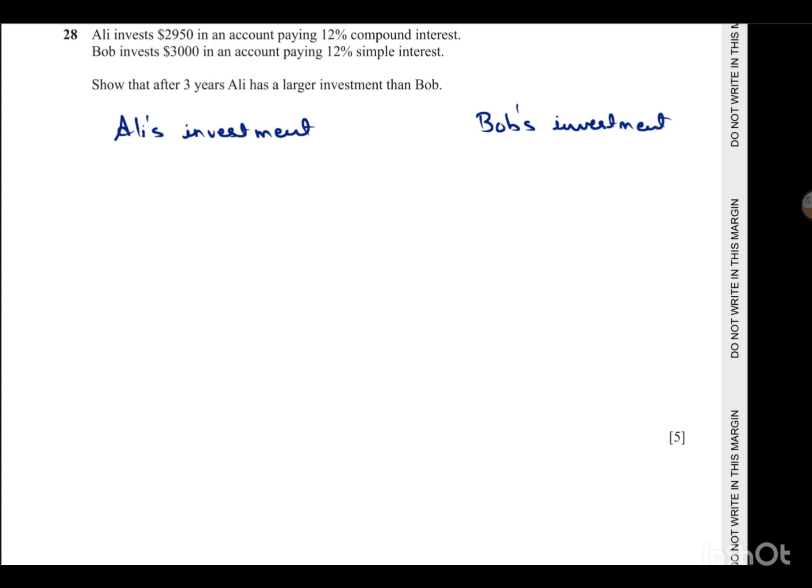So first let me write the formula for the amount to find out the compound interest amount. P into 1 plus R by 100, whole raised to n. So the amount Ali will have after 3 years will be, principal amount is 2,950, 1 plus 12 by 100, whole raised to 3. We'll do this later in the calculator.